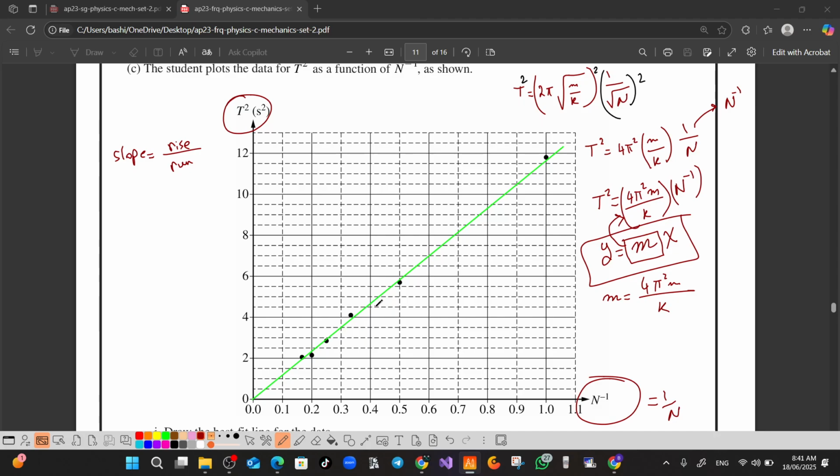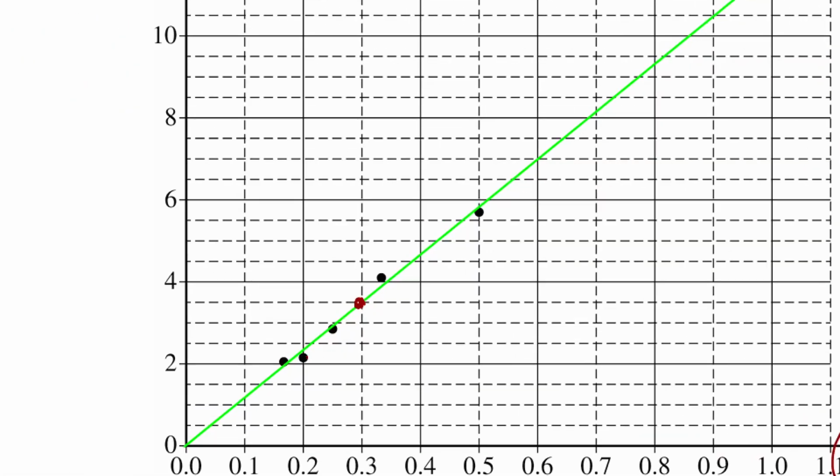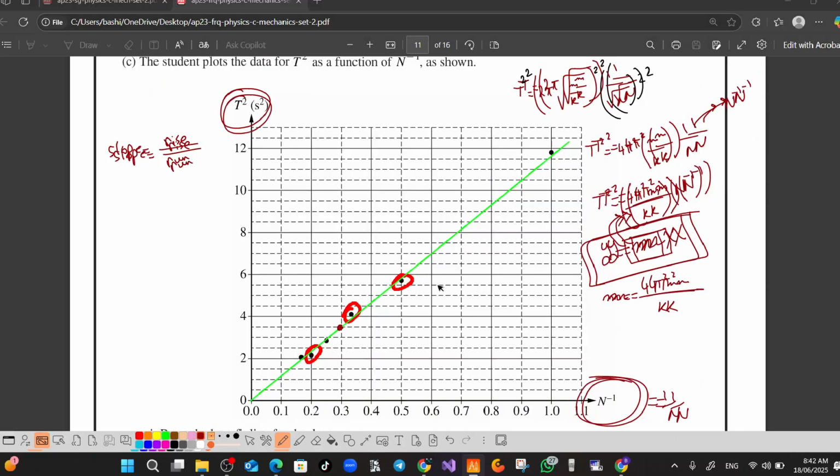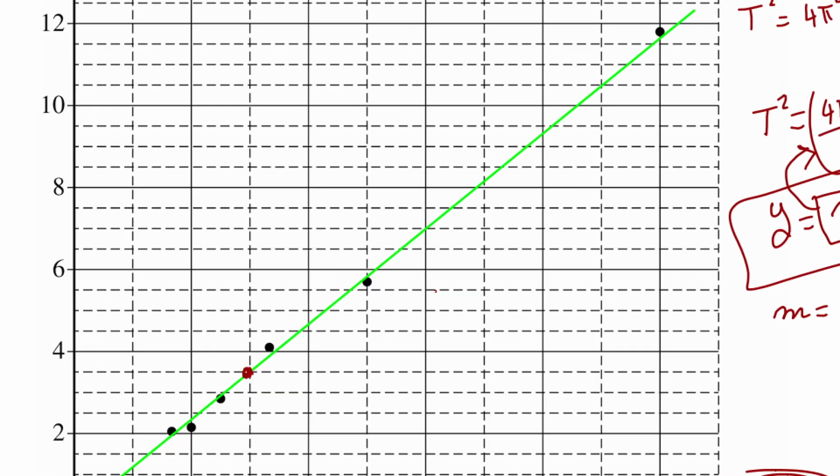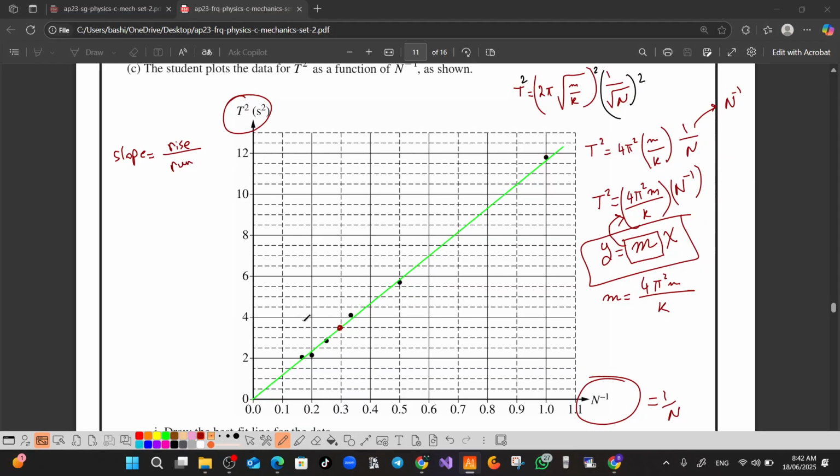For that, I will choose 2 points. For example, I will take this point. Let me remind you that we don't take the points that represent the collected data. We take our points to calculate the slope from the line itself, not from the data. Be aware.